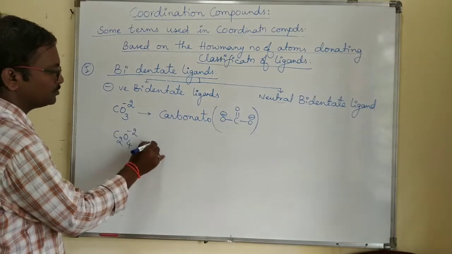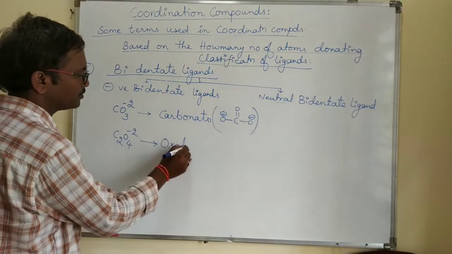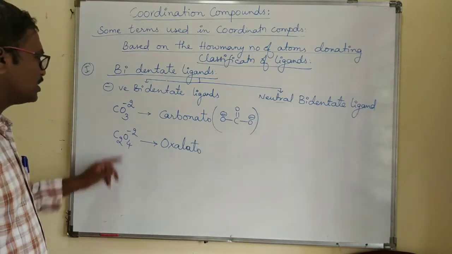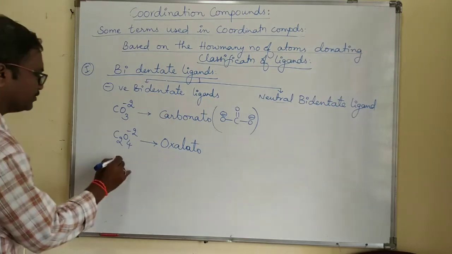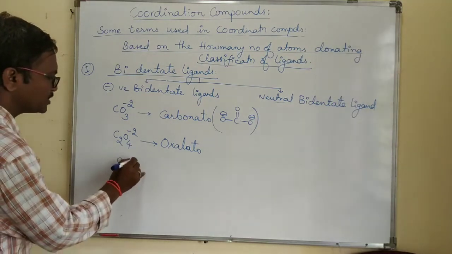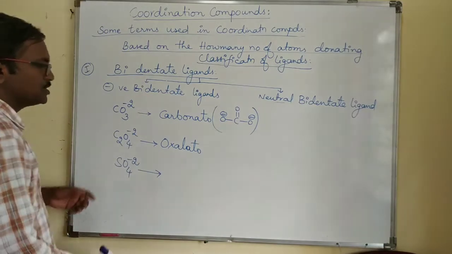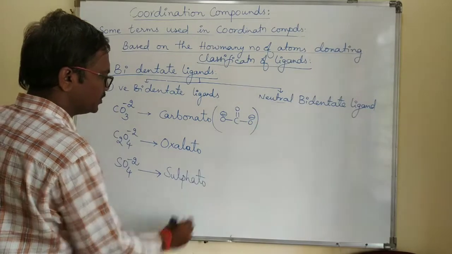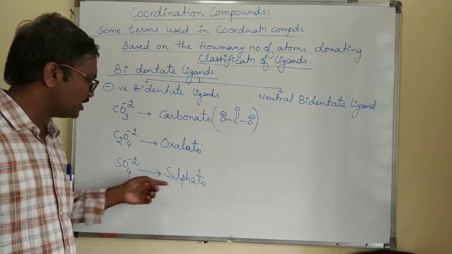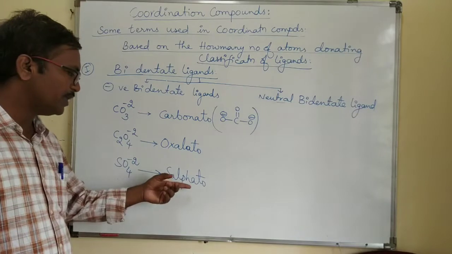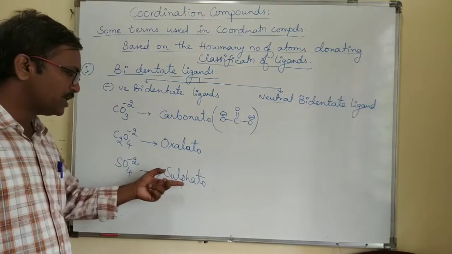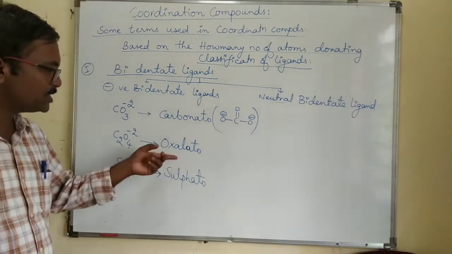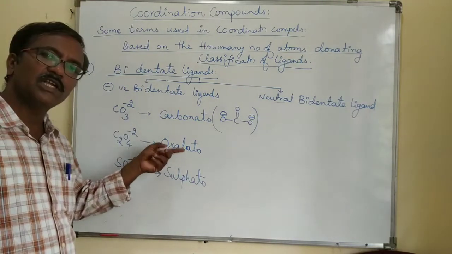C2O4 minus 2, oxalato, is also a bidentate ligand. SO4 minus 2, sulfato. When you come to the nomenclature, you have to write sulfato. Actually it is the sulfate ion, but in coordination chemistry you write sulfato, oxalato, carbonato in the nomenclature.